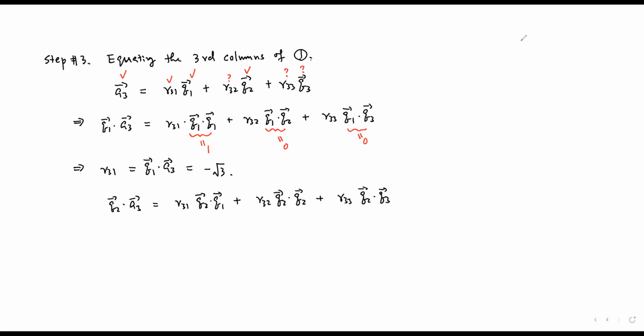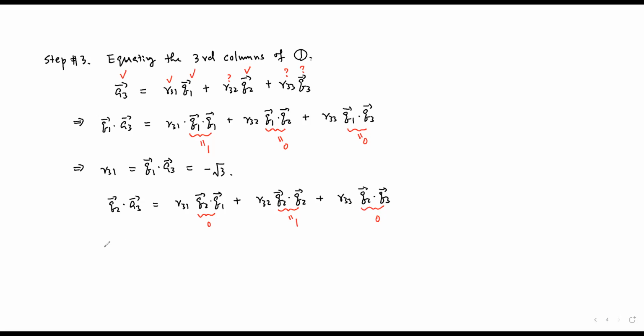Because the Q vectors are orthonormal, this is 0, this is 1, and this is 0.